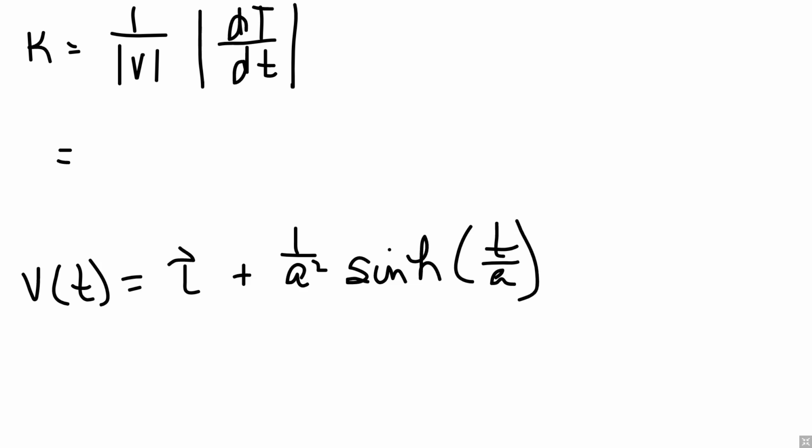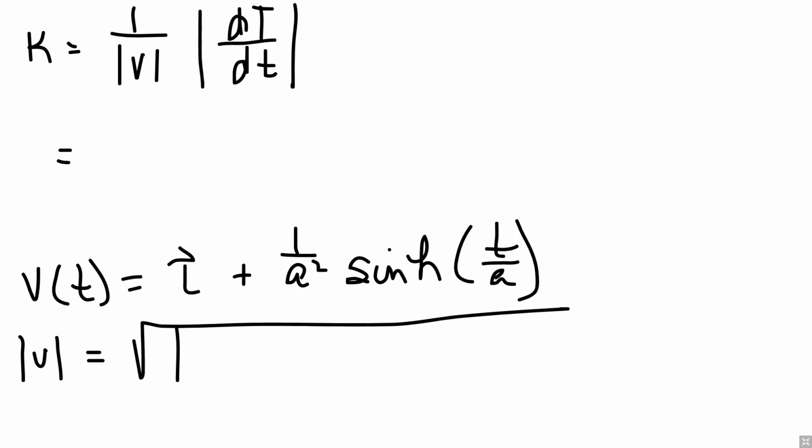Okay, so if we look at the magnitude of this, we're going to have the square root of 1 plus 1 over a to the 4th times the hyperbolic sine squared of t over a.